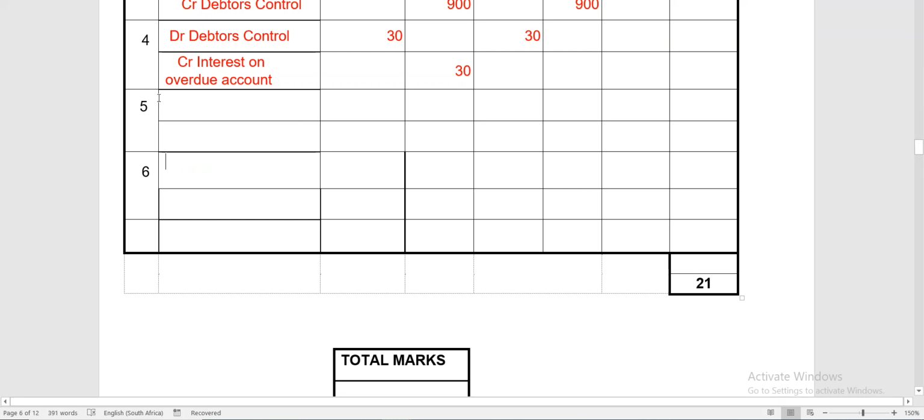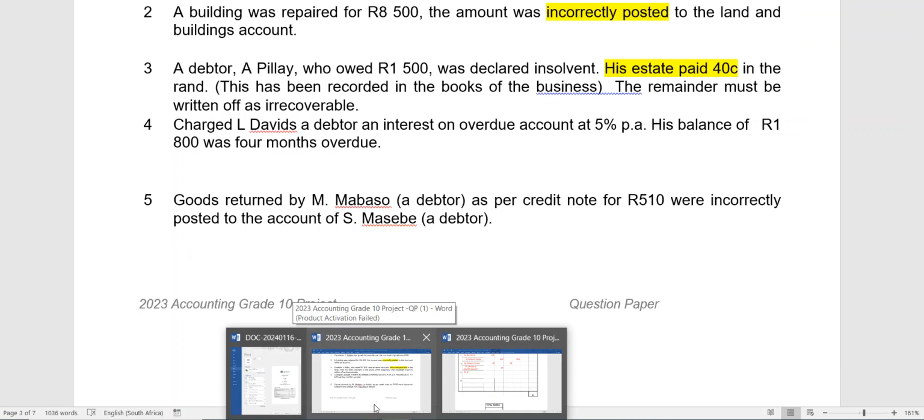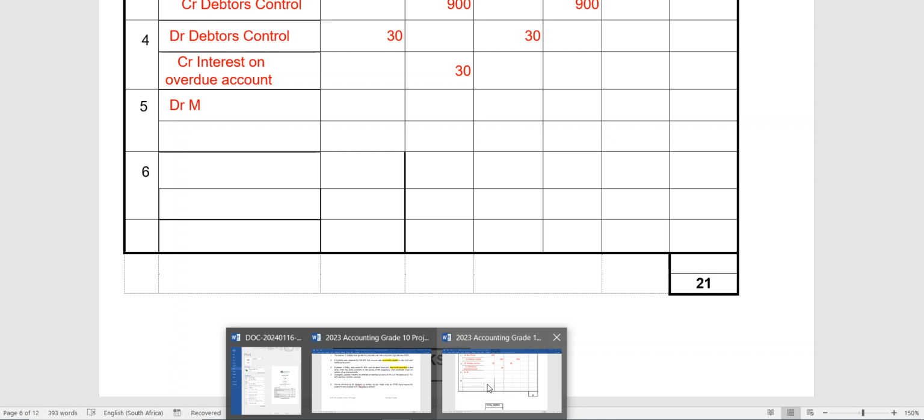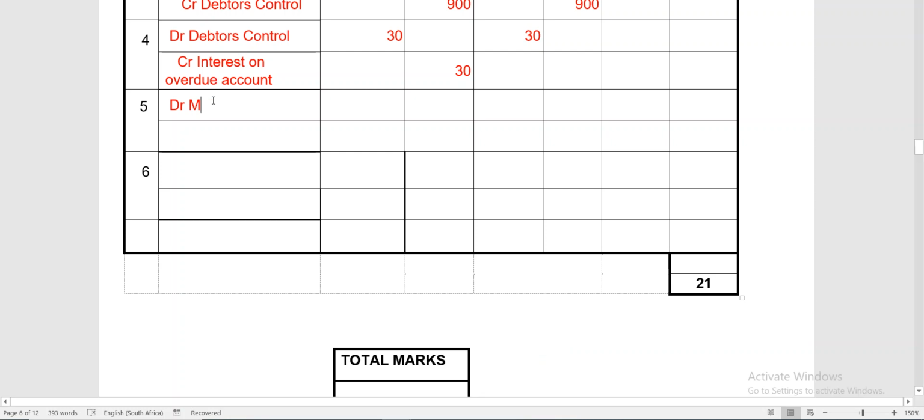So remember, when it's like this, I said we debit, let's check where did we make the error. They said the mistake, it was posted incorrectly to the account of S Masebe, so we must fix S Masebe's account. So we debit M Masebe's account, because we are reinstating his or her debt.